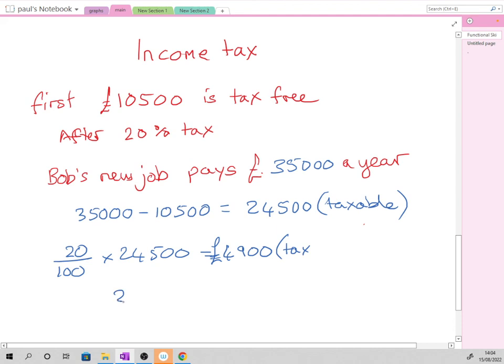So we do his total gross income, it's called. The gross is before deductions are made. The net is after. So gross is before deductions and the net is after deductions.